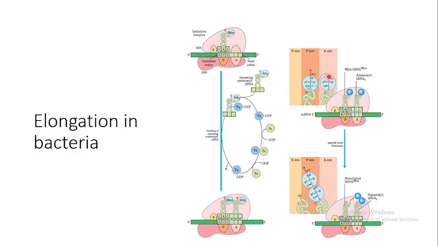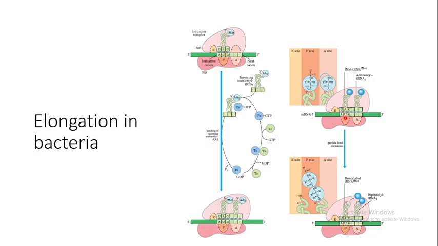So this will make a nucleophilic attack on this electron deficient carbon here. So the bond between the amino acid and the tRNA will be broken. So there will be formation of the peptide bond, where this nitrogen makes a nucleophilic attack on the carboxylic acid end of this fMet amino acid, right?